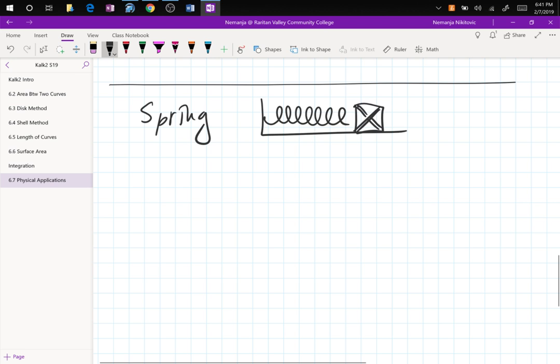Well, first we have a law that tells us what the force of the spring is in connection to the stiffness of the spring, which is known as a spring constant. So spring constant K measures stiffness of the spring.